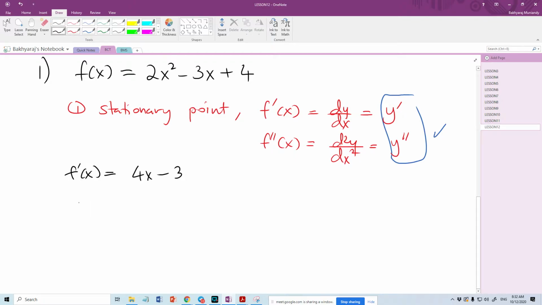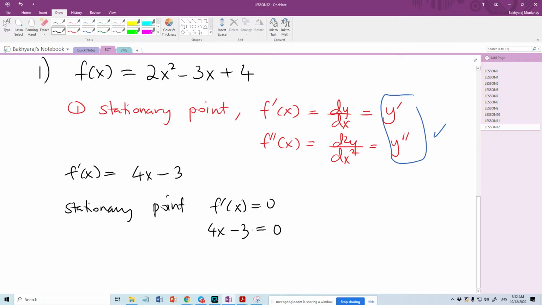Stationary point means our f prime must be equal to 0. So f prime equals 0 means 4x minus 3 will be equal to 0.